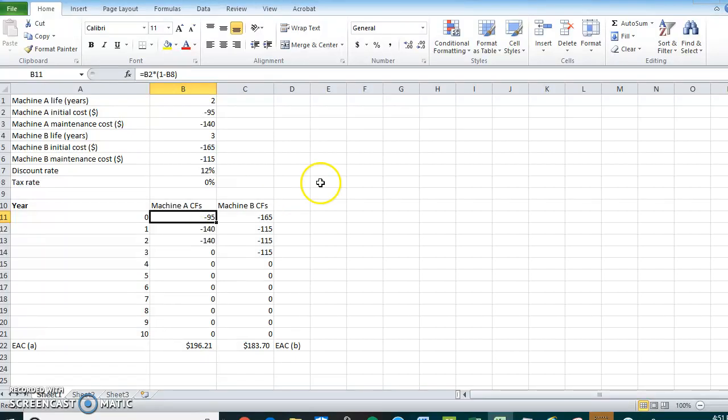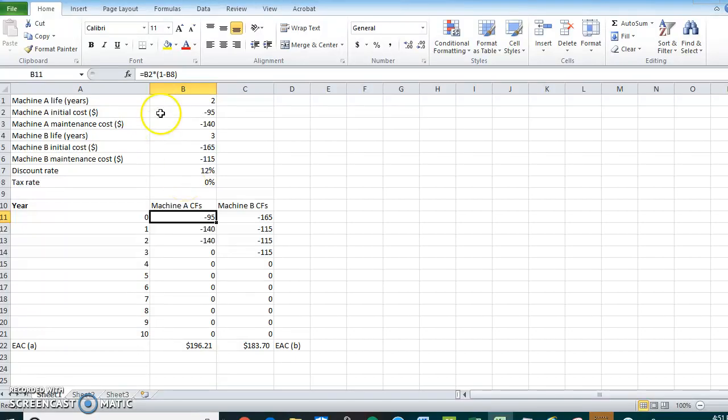So let me click in the cell, and it's pretty easy. How much is the machine going to cost us in year 0? Year 0, it's going to cost us the initial cost of the machine times 1 minus the tax rate.